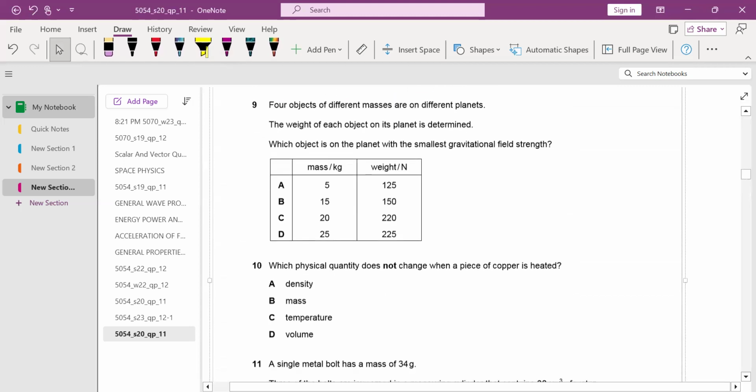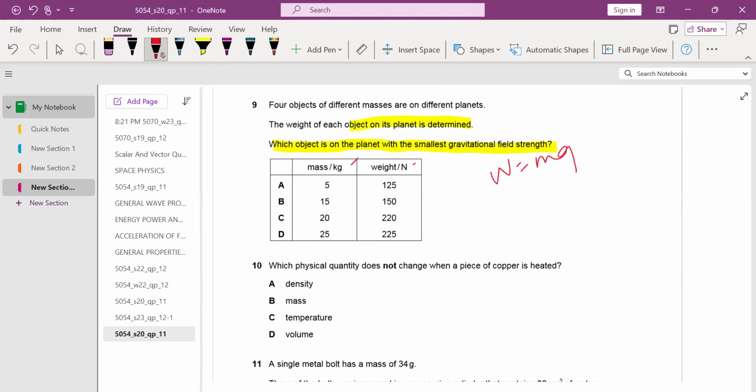Question number 9. Four objects of different masses are on different planets. The weight of each object on its planet is determined. Which object is on the planet with the smallest gravitational field strength? So to calculate the gravitational field strength, weight and mass are given. Weight equals mass times gravitational field strength.